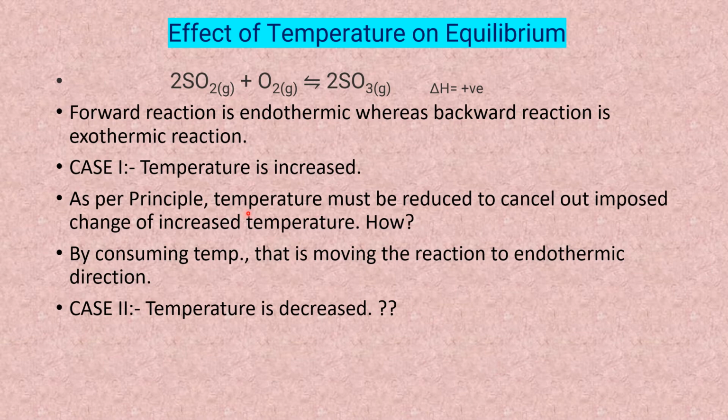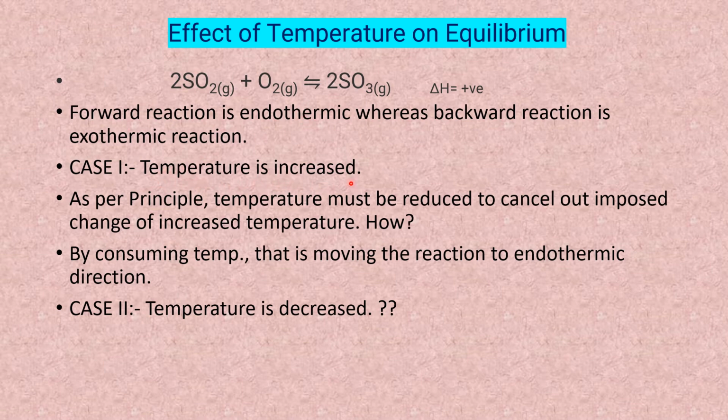Effect of temperature on equilibrium. Let us take the same example with enthalpy change for the reaction. Let us assume that enthalpy change for reaction is positive. Positive means the forward reaction is endothermic, backward reaction is exothermic. Case 1.